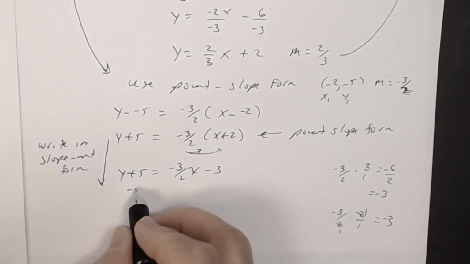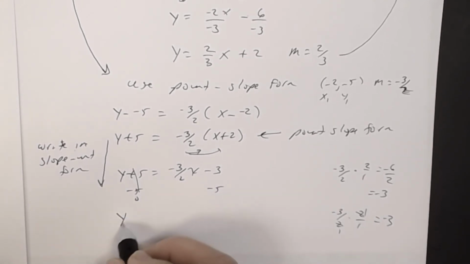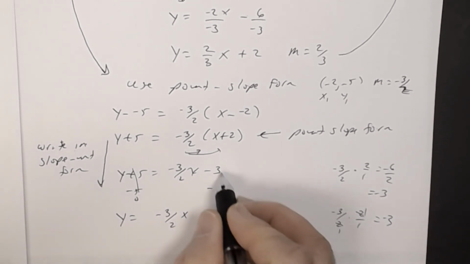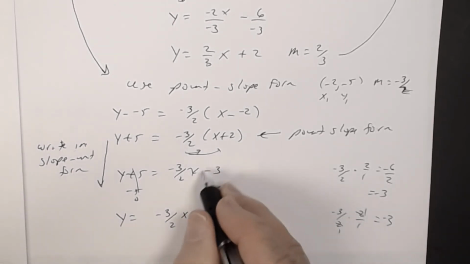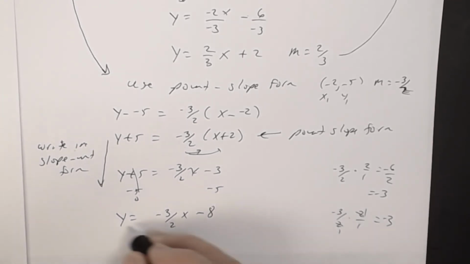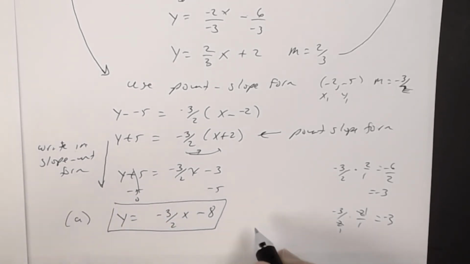And then we subtract 5, and we don't need our calculator this time, because when I combine like terms, I get y equals negative 3/2 x, and a negative 3 and a negative 5 is a negative 8. So that is the answer for part A. So the equation of our line is this. So that's slope-intercept form.